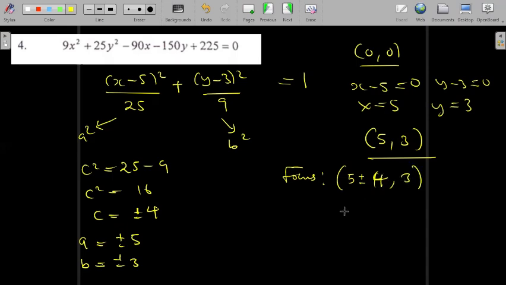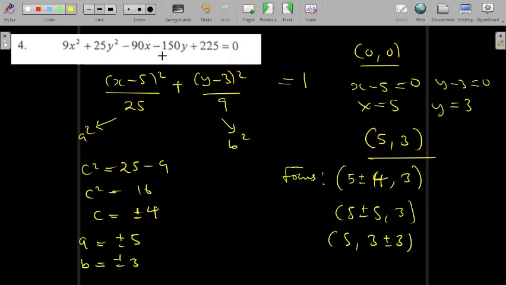That's the shift that's there. Then for the vertices, for the major one, it's going to be 5 plus minus 5, and the other one is going to be 5 comma 3 plus minus 3. So this is how you get those points.